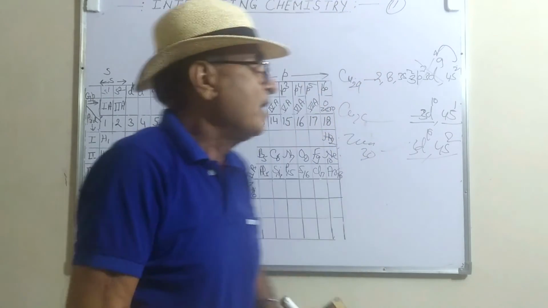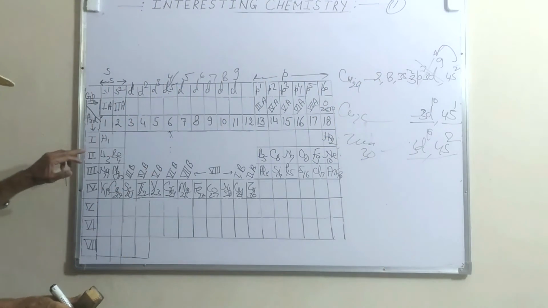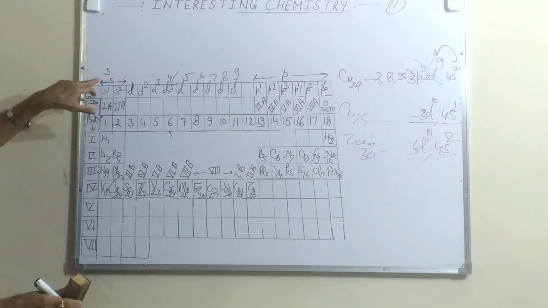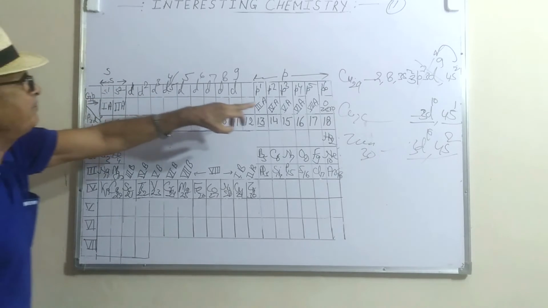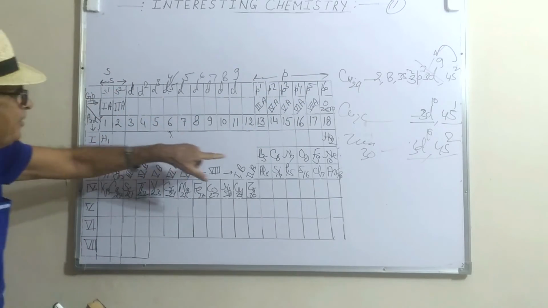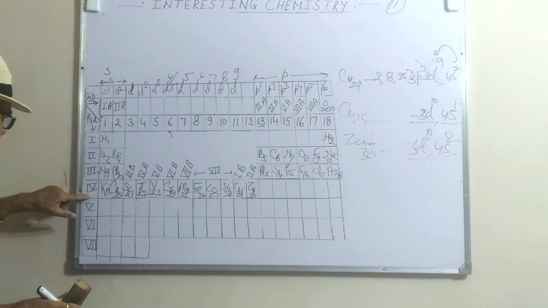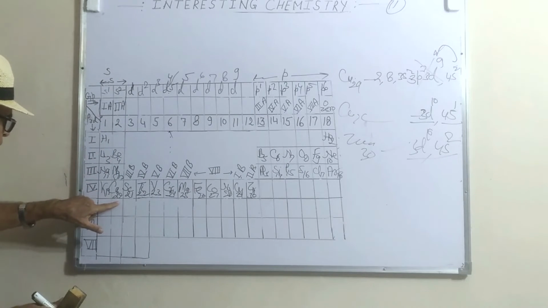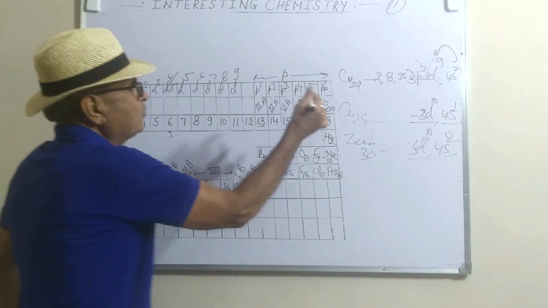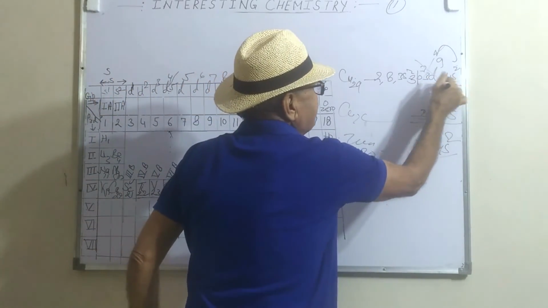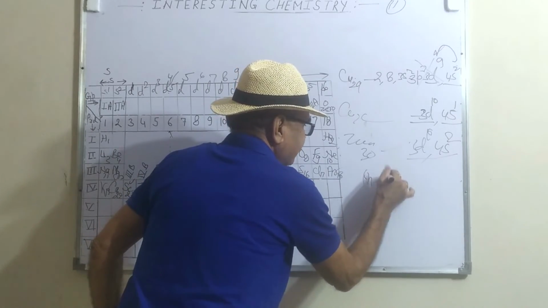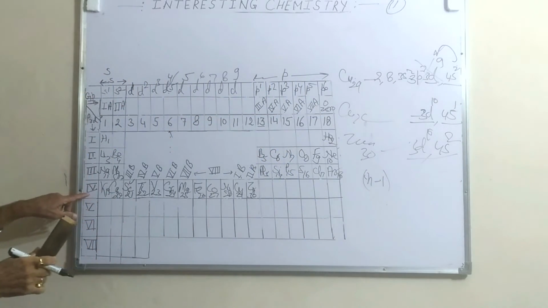One thing more, I told you about multiplying with this second. So 3s2, 3p, up to 4s2 at element 20. But in scandium, the electron goes to 4 minus 1. So you will say here n minus 1, and here you will write d.